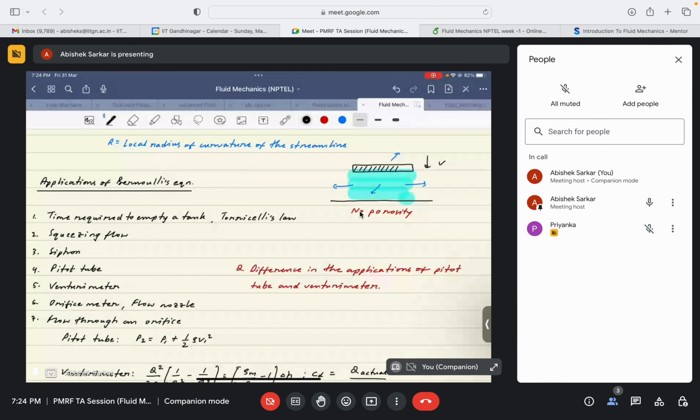Then again sir might have discussed a siphon, how to implement Bernoulli's equation in understanding the working principle of a siphon. Since there's only one student, Priyanka, could you please explain the working principle of a siphon?